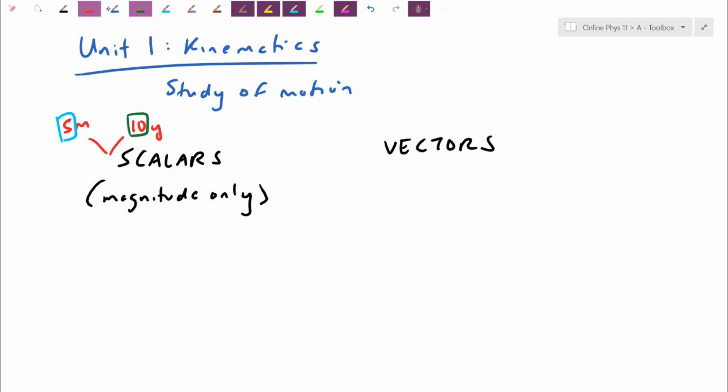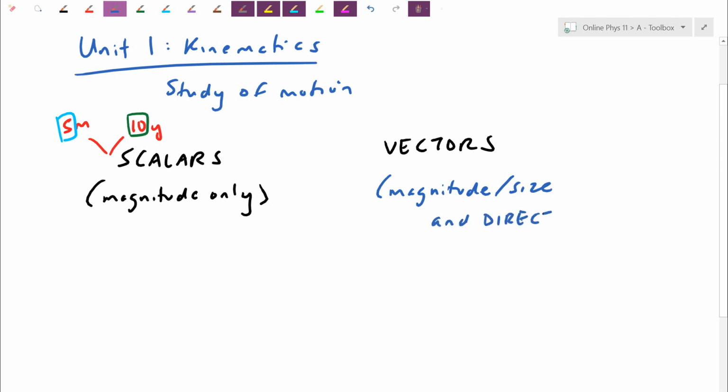Whereas vectors, they do also have magnitude. They also have this number related with the unit, as we're going to see. But vectors, what they add is vectors actually have magnitude, also called size. Right? There's a 5 or a 10, right? Magnitude is size, but they have direction. They actually have a pointing, a heading, right? So that's something that scalars don't have.